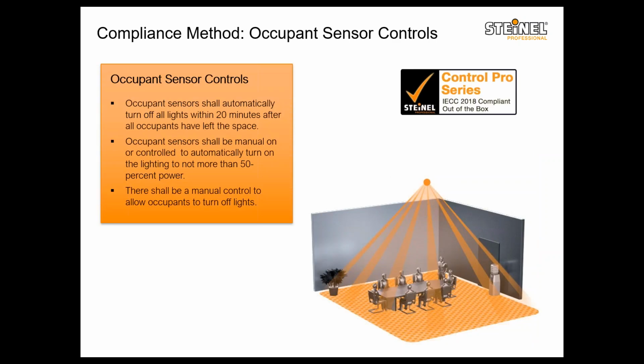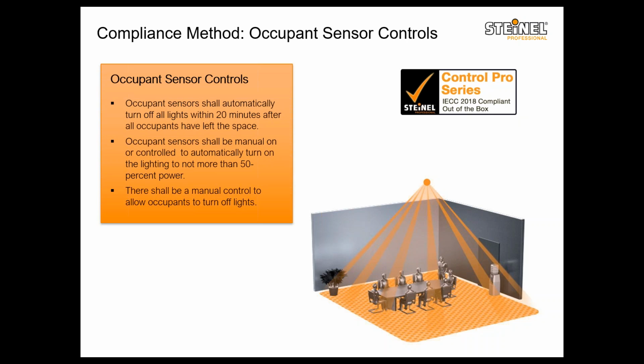The main compliance method that has always been the case and is still mentioned in the code is called occupant sensor controls. The main change to this requirement, or any kind of lighting control requirements in the new code, is that the time delay for the lights to turn off has been reduced from 30 minutes to 20 minutes across the board.